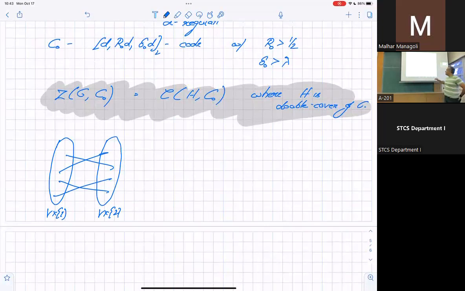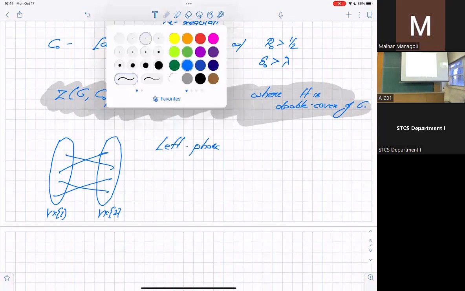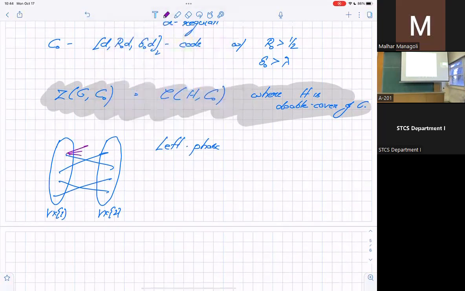So he defines what is called a left decoding process and a right decoding process. Sorry, a left fix and a right fix. Each iteration in our previous loop picked a vertex. Now there's going to be a left phase, and what's the left phase going to be? I'm going to take all the vertices from here, look at their neighbors.